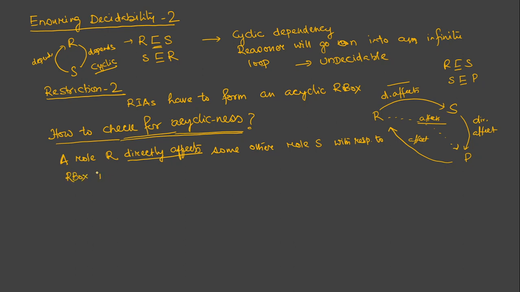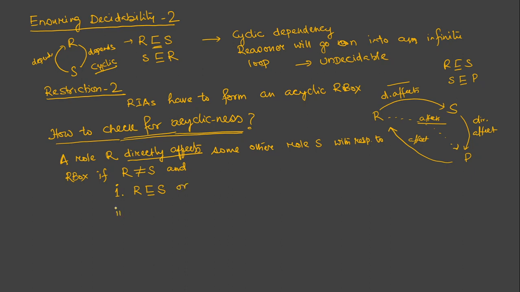First of all, this R should not be equal to S. So these R and S should be different roles, and it should satisfy the following conditions. The first condition is that you have a hierarchy between R and S, where R is a sub-property of S. If that is so, then we say that R directly affects S, right?